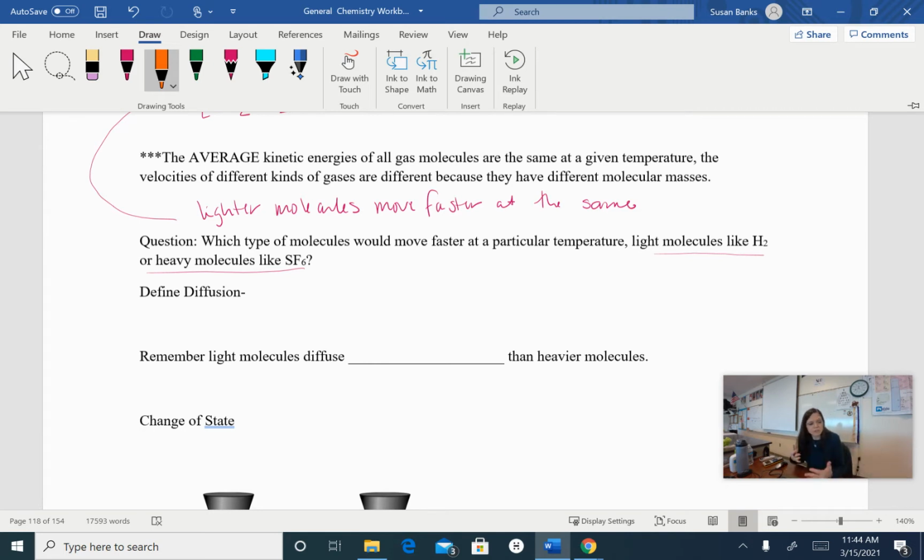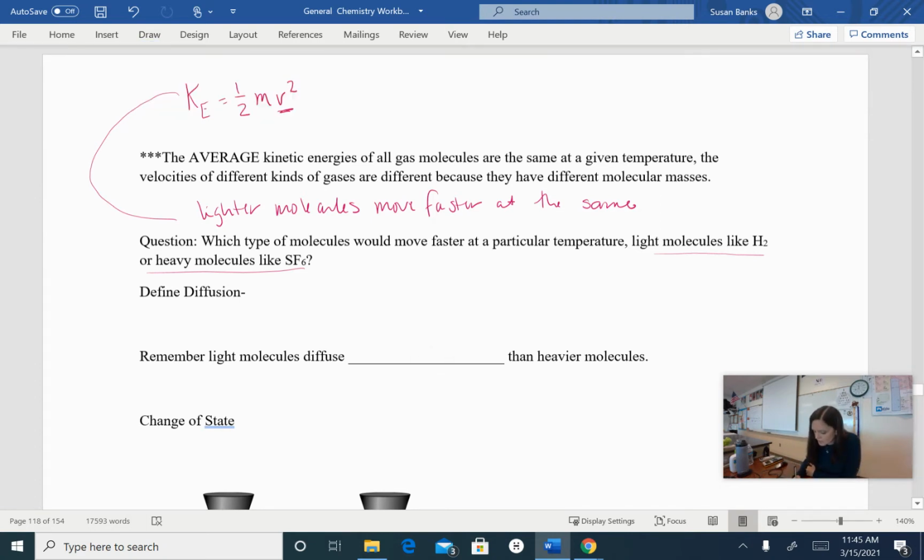It's the movement of a substance from an area of high concentration to an area of low concentration.